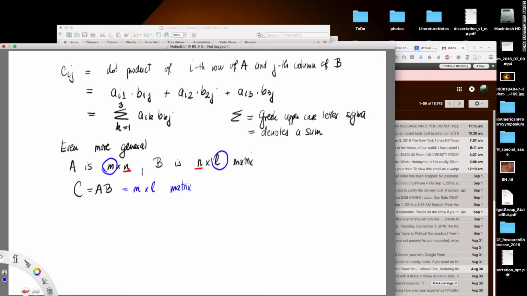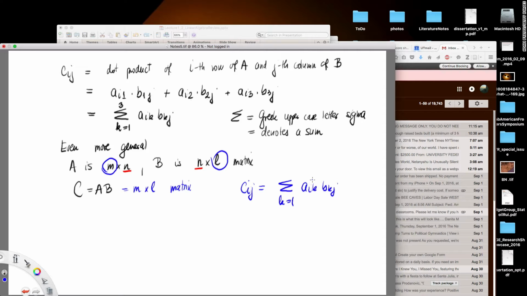And each element of that matrix I can get like this. Every element C_ij is the sum for k from 1 through what? A_ik B_kj. How many? A_ik, B_kj.